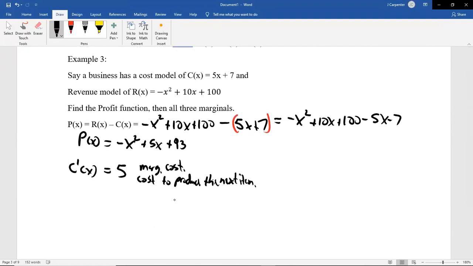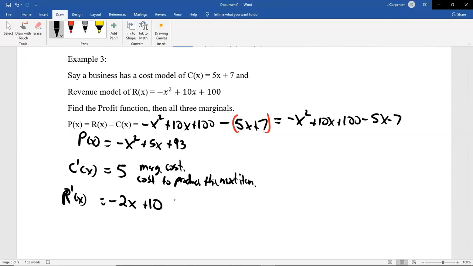For our revenue, R prime of x, it's an ugly R, but it's an R. Taking the derivative of negative x squared is going to give us negative 2x. The derivative of 10x is a plus 10, because it's a linear term, so we just drop the x. And then the derivative of 100 is 0.